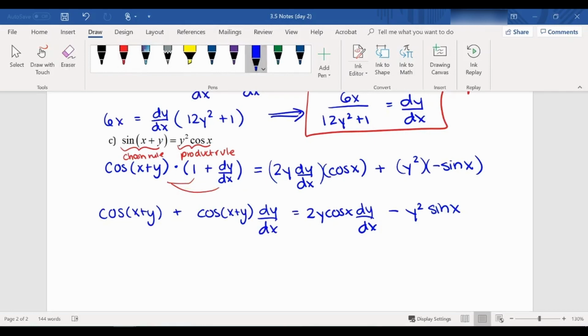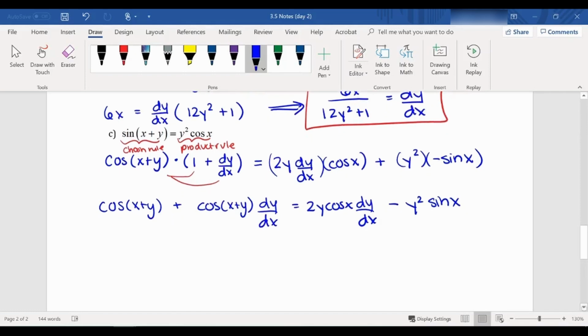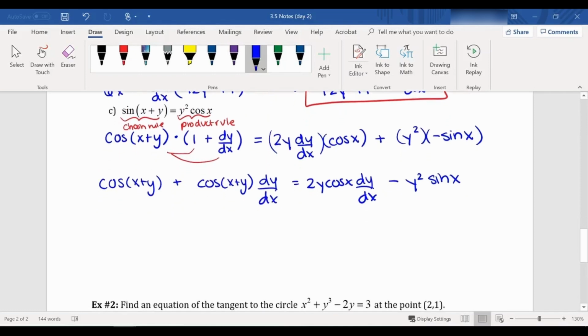Now we are at a point where we need to get all of the terms with no dy dx's to one side and all the terms with a dy dx to the other side. So I'm going to move my y squared sine x over to the left. I'm going to move my cosine of x plus y dy dx to the right.